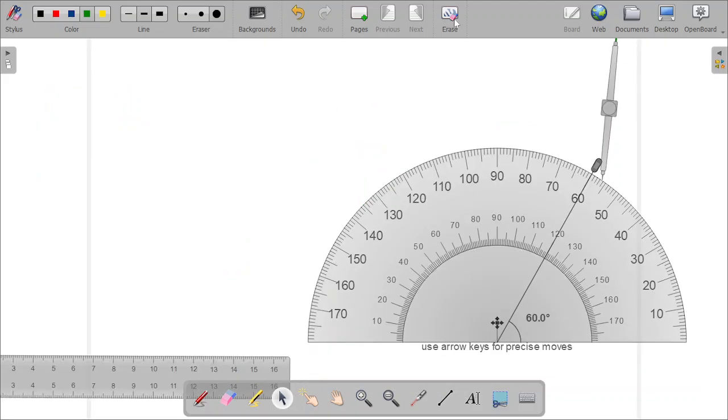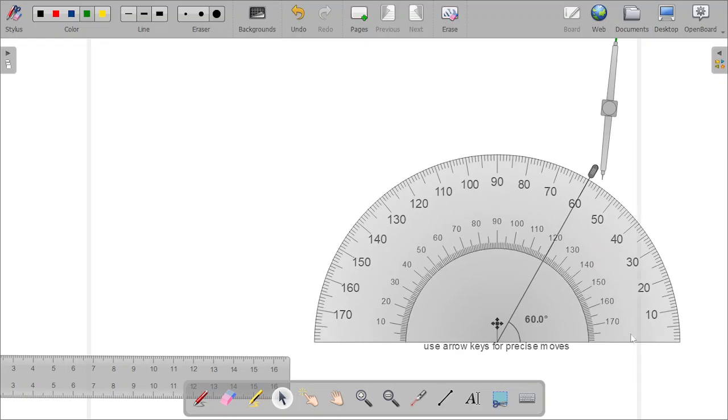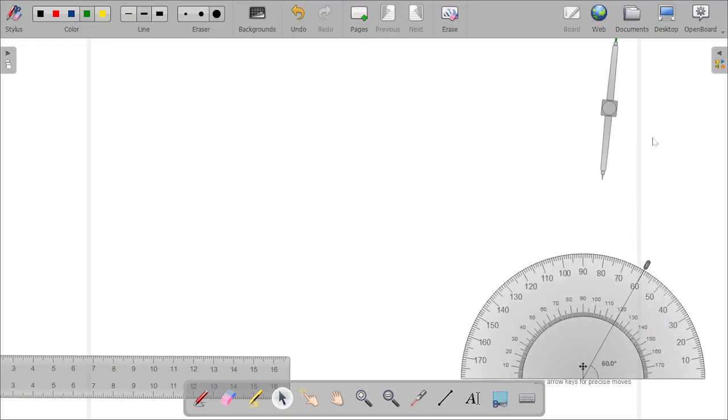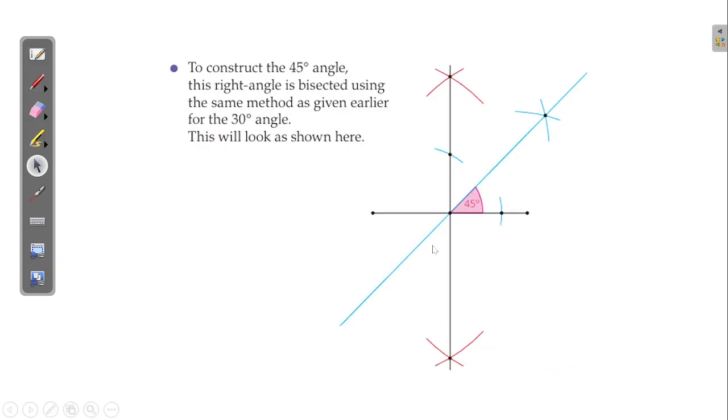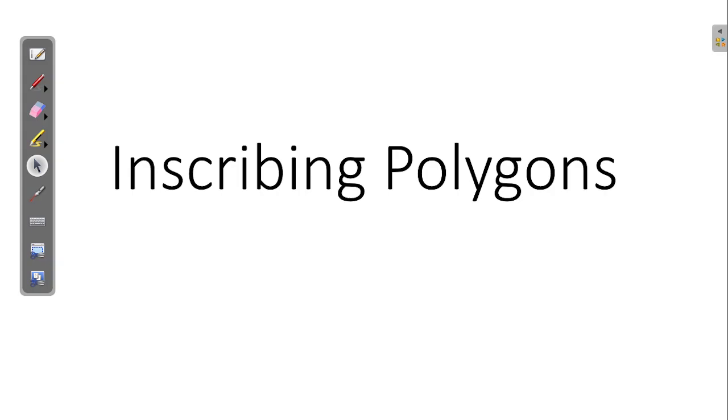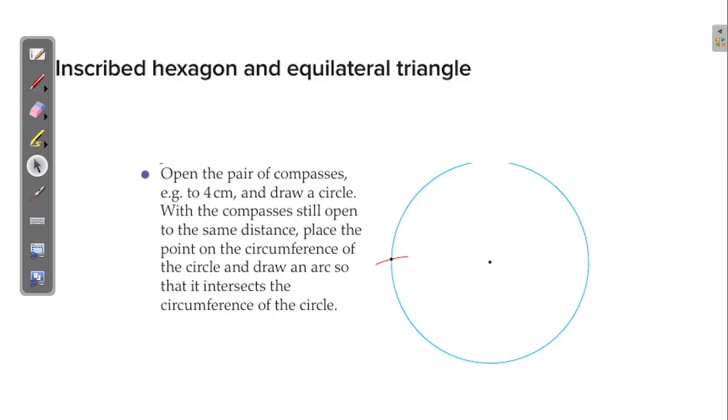now the next thing we are going to look at is how to inscribe polygons. It's called inscribing polygons. The first thing we look at is how to inscribe a hexagon and an equilateral triangle in a circle.